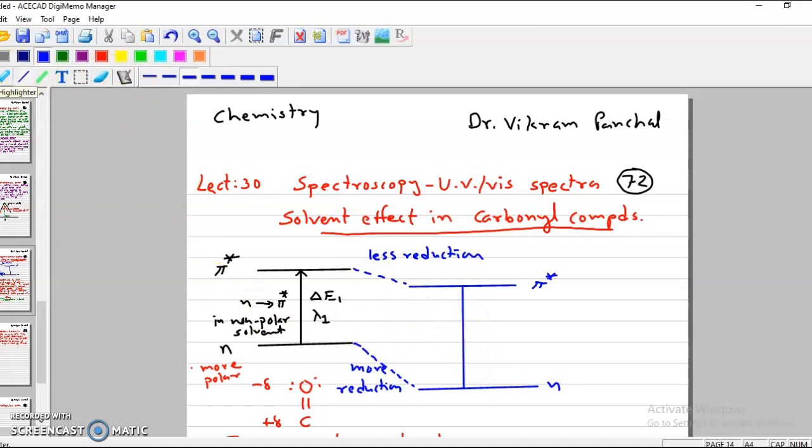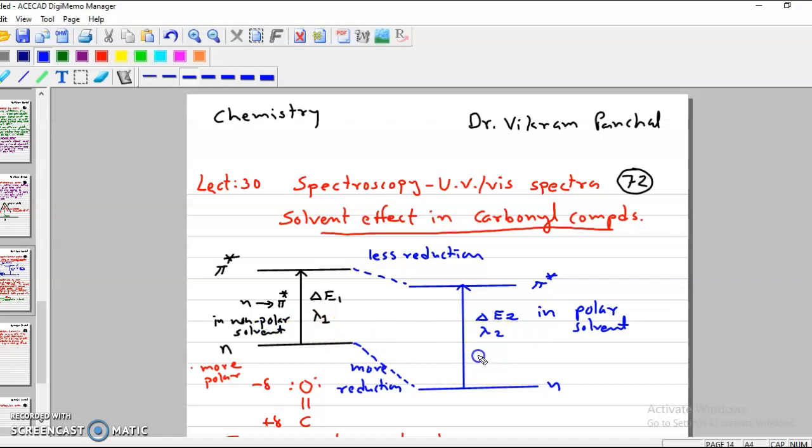Here you can see the energy gap between n and pi star state is comparatively more. So here we can write delta E2, or absorption wavelength lambda 2. It is very clear that this is in polar solvent, and the energy required for the n to pi star transition is more than the energy required for the n to pi star transition in non-polar solvent.